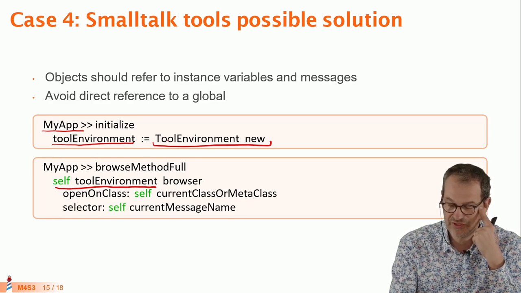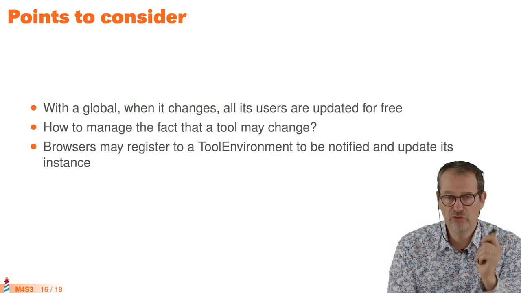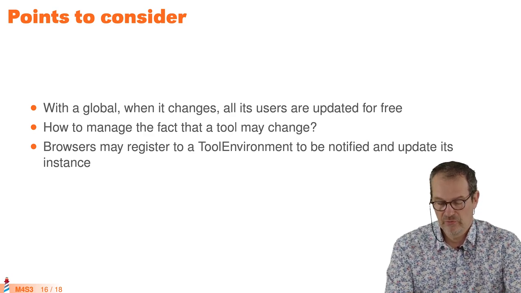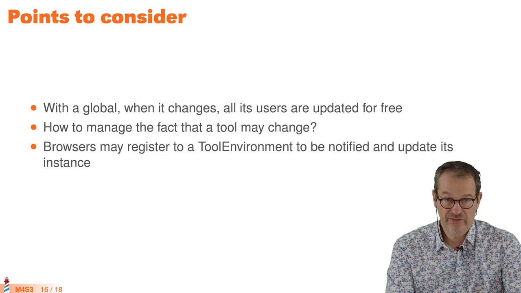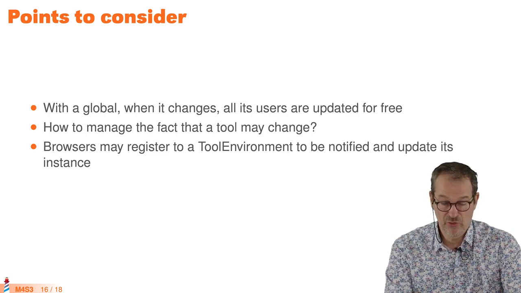We could even have a different tool environment for a given application. What we should consider here is that there are still some points to consider in this lecture. So with a global variable, when it changes, all its users are updated for free. Which is nice. You don't have to go over and say, okay, you change, you change, you change. No, because there is only one centralized place where everybody refers to that.